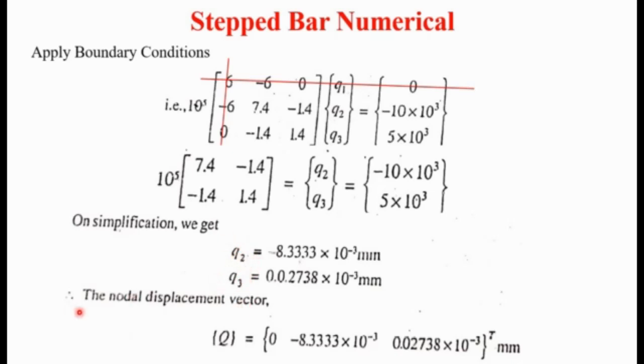Therefore the nodal displacement vector Q is 0, minus 8.33 into 10 raised to minus 3, 0.02738 into 10 raised to minus 3, transpose, because the vector is vertical and written horizontally. This is the answer for the nodal displacement vector.